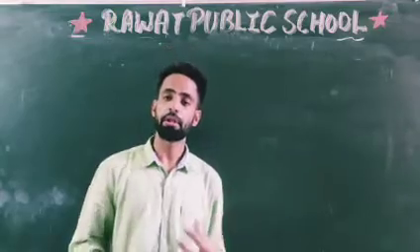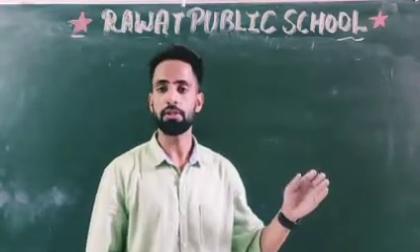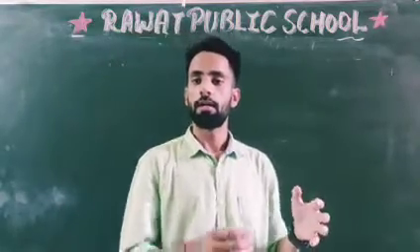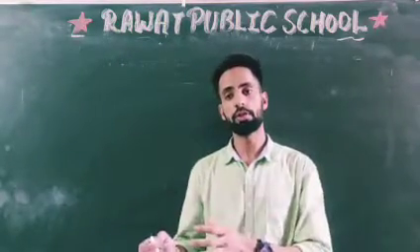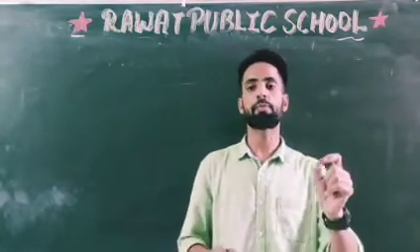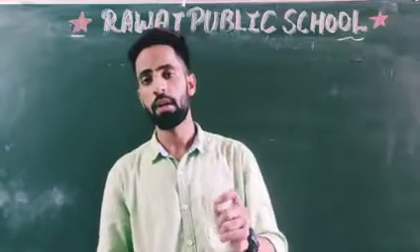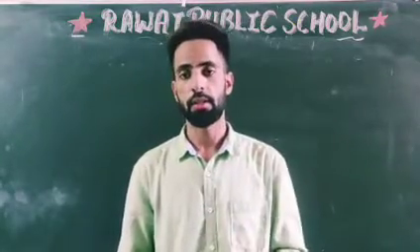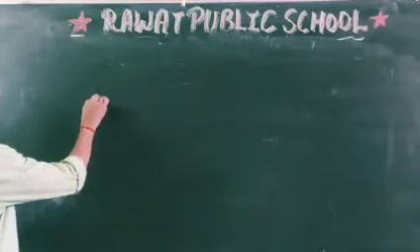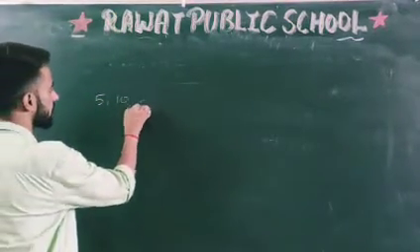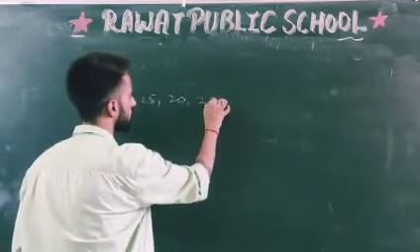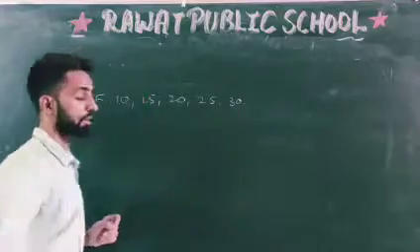Arithmetic progression is a progression, a series of numbers or variables, where the difference between any two consecutive terms remains constant throughout the series. If I take one example of arithmetic progression, it can be 5, 10, 15, 20, 25, 30.